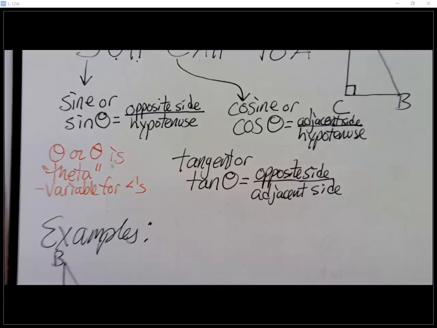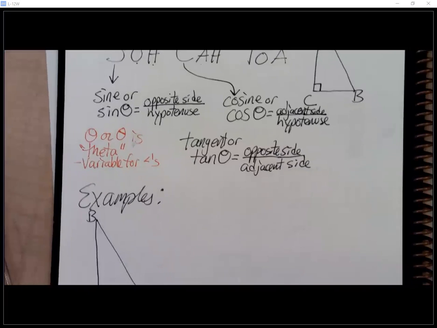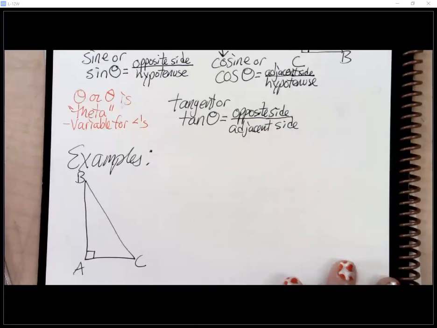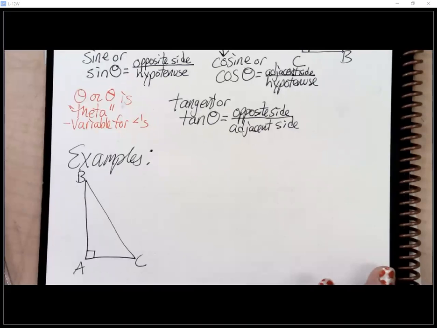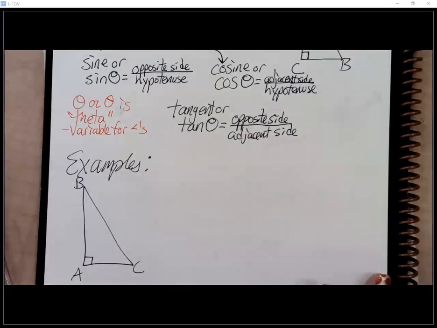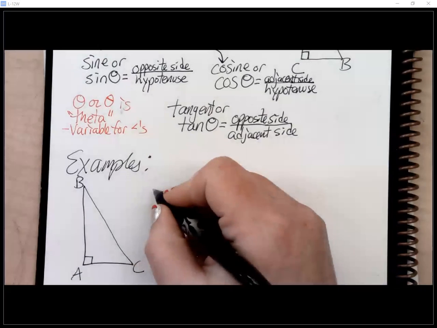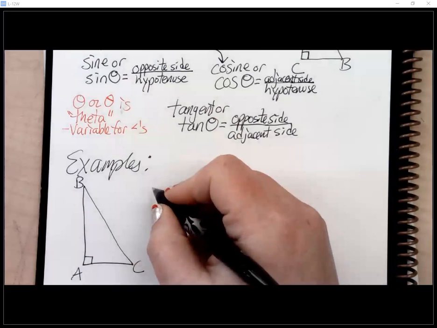All right, let's give this a whirl. So I've drawn another triangle down here. This is only for right triangles, by the way. So you can only use these ratios in right triangles. All right, so here's a triangle. So here's what I want to do. I want to find the ratio that each of my ratios represents, okay?